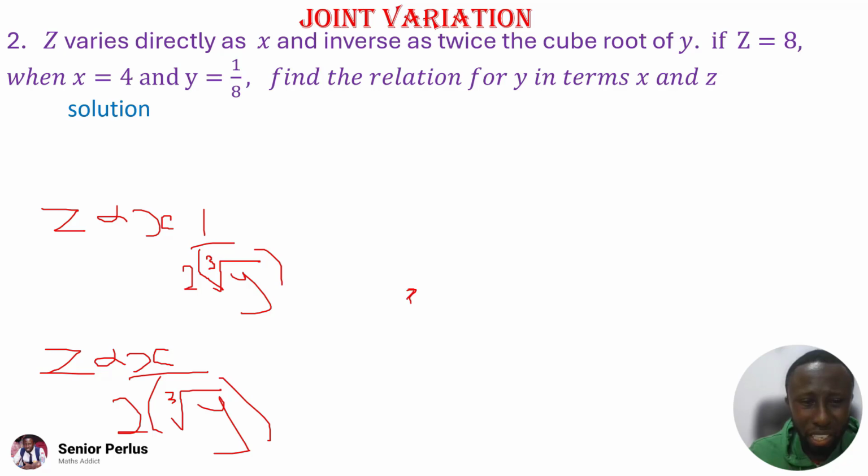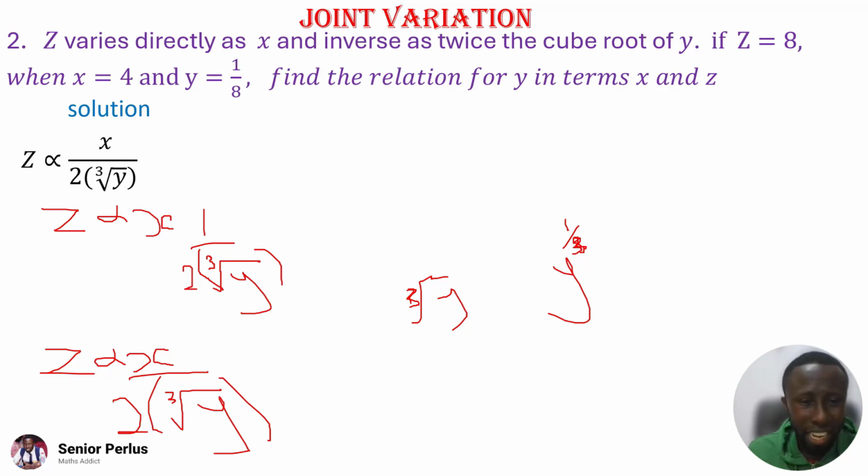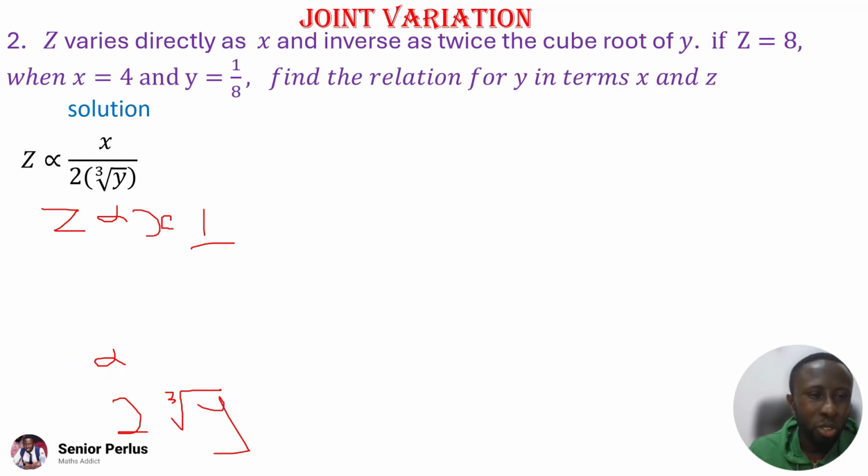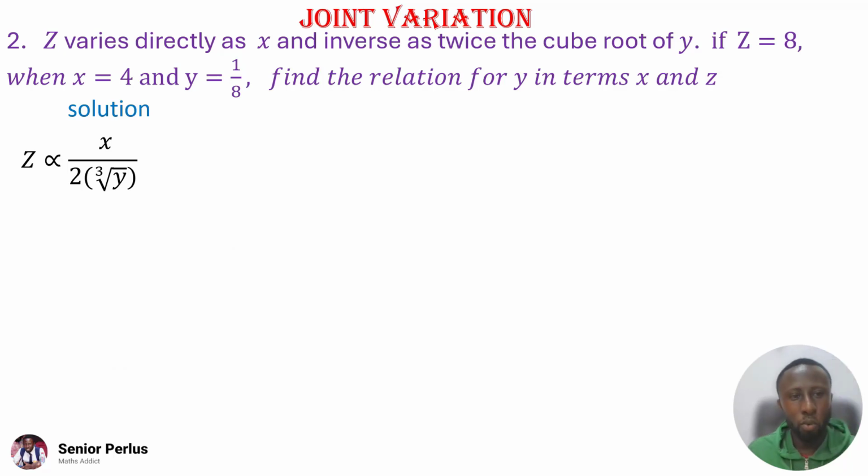So the cube root of y can be written as this, right? So you can read the cube root as this 1 on 3. Good. So that's what Z varies directly as s and twice the cube root of y.